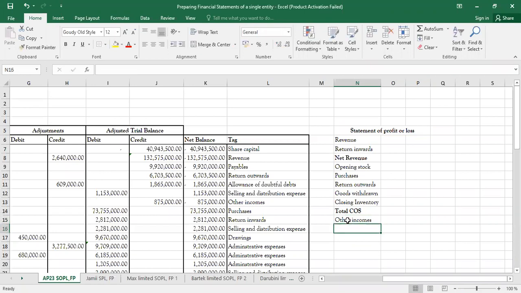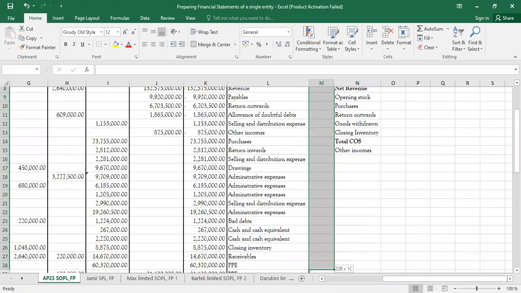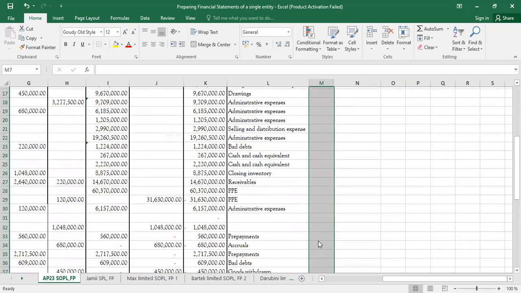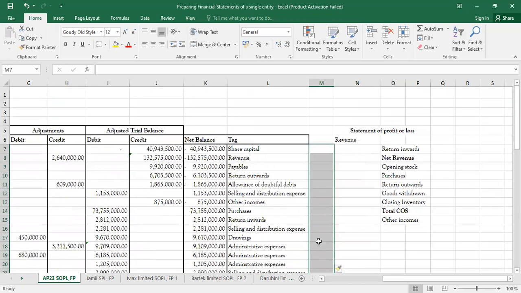Other incomes. Then we'll be going to expenses. Revenue, payables. Rather, you can do it this way: Control Shift plus, just to add the cells, move the cells to the right. I had forgotten that one.